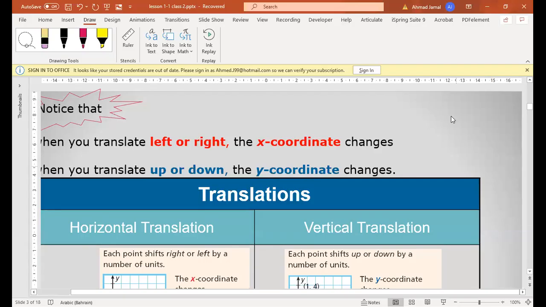We have the point, and here is the x-axis. The x-coordinate moves right or left, and the y-coordinate moves up or down.